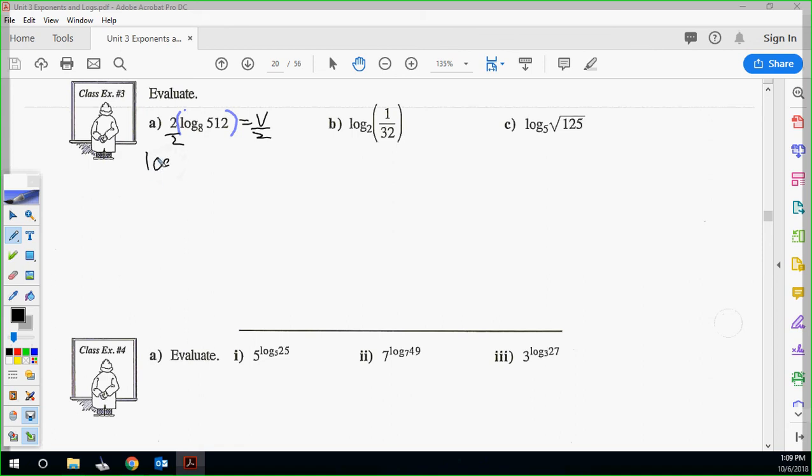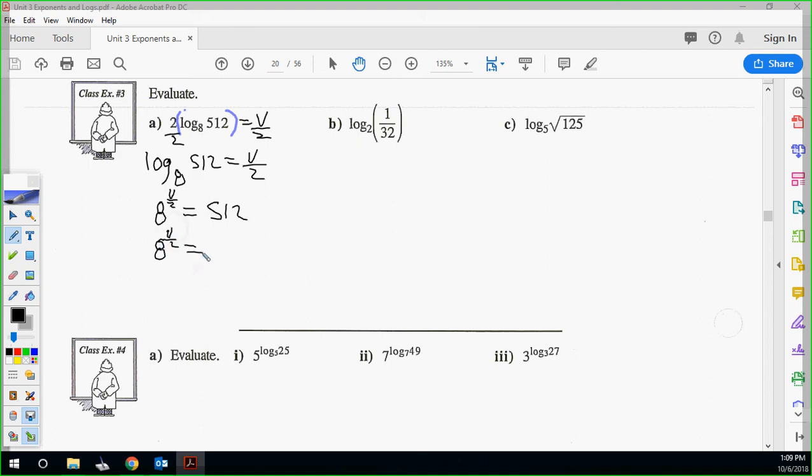So if we write it like this, we have it included. We don't have to worry about it. So in this case, it's still going to be 8. I know it looks weird, but 8 to the v over 2 equals 512. And then we got to figure out 512 to what power, okay, we want to get 512 to the base of 8. 8 cubed is 512.